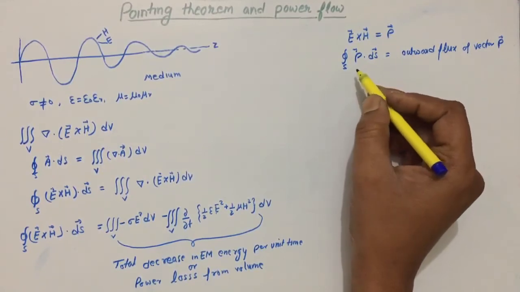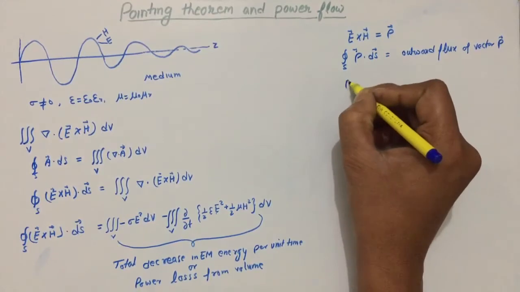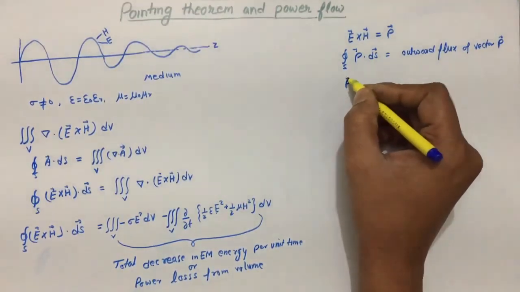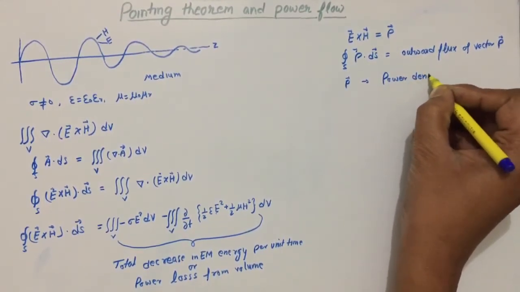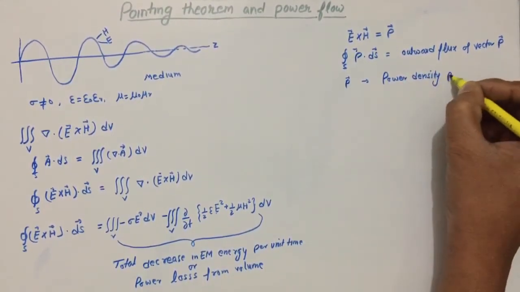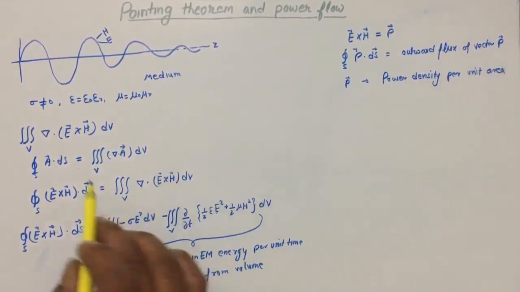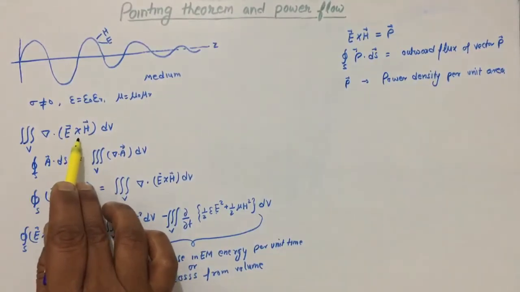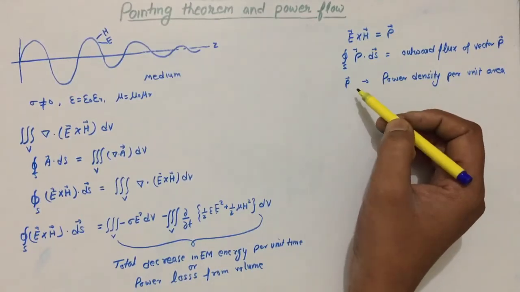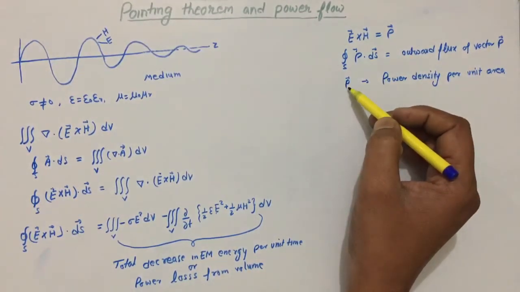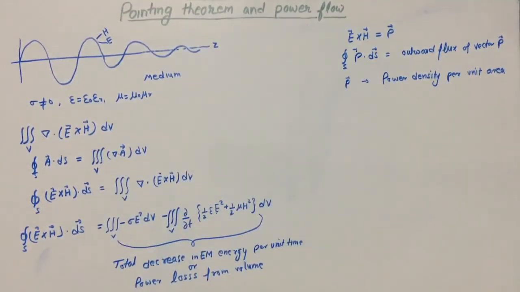We can say that P is the power density per unit area. Here this is the power density per unit volume, and if we have P dot ds, then it is the same as power density per unit area.